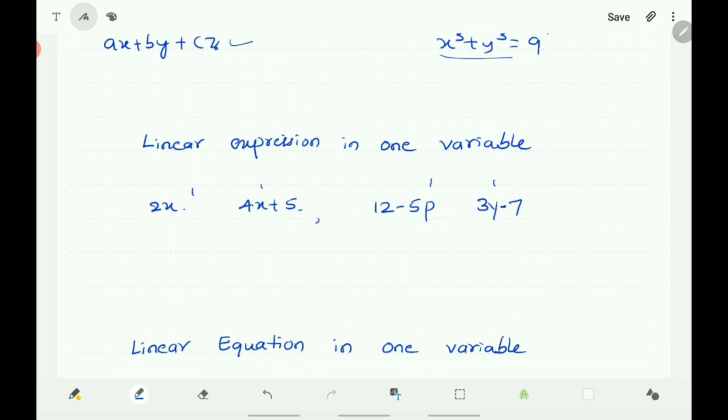So all these expressions have only one variable and their highest power is 1, so they are linear expressions in one variable.